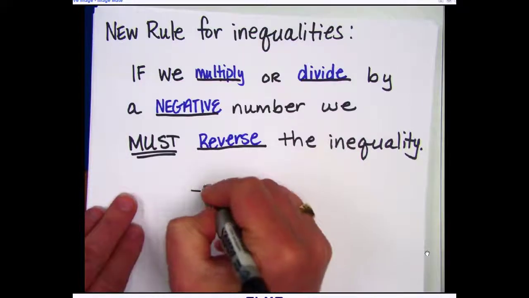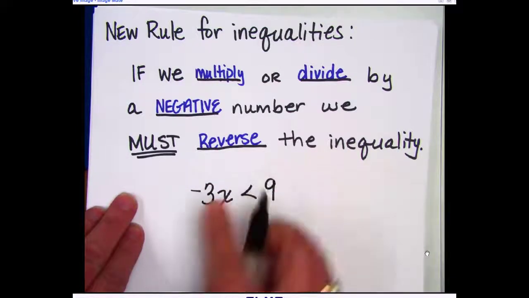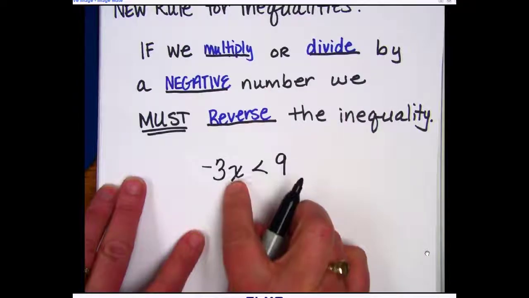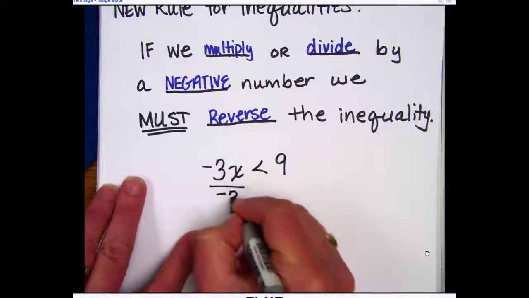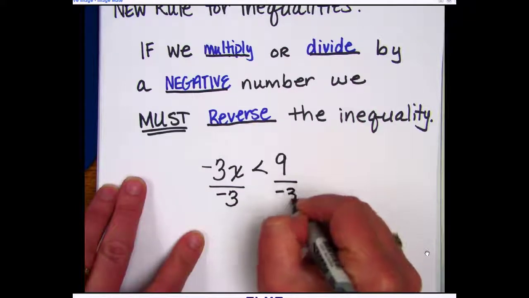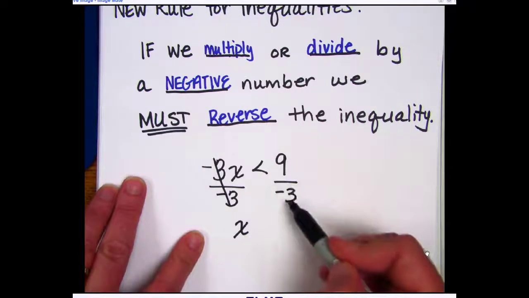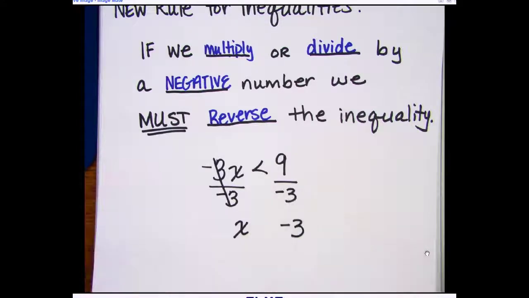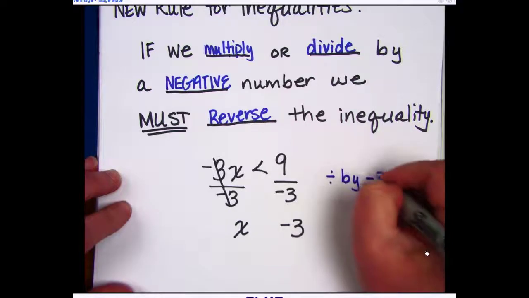Well, let's go back and do our example that we just did, and now in place of a positive 3, I have a negative 3. So in order to isolate my x, just like when I was solving the equation, I would divide by negative 3, divide by negative 3. These cancel, leave me x. 9 divided by negative 3 is negative 3. But notice here, I divided by negative 3.